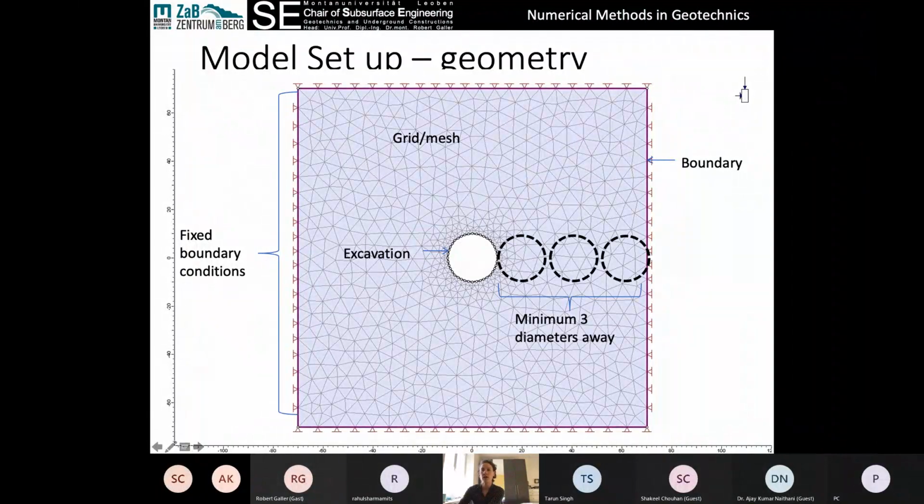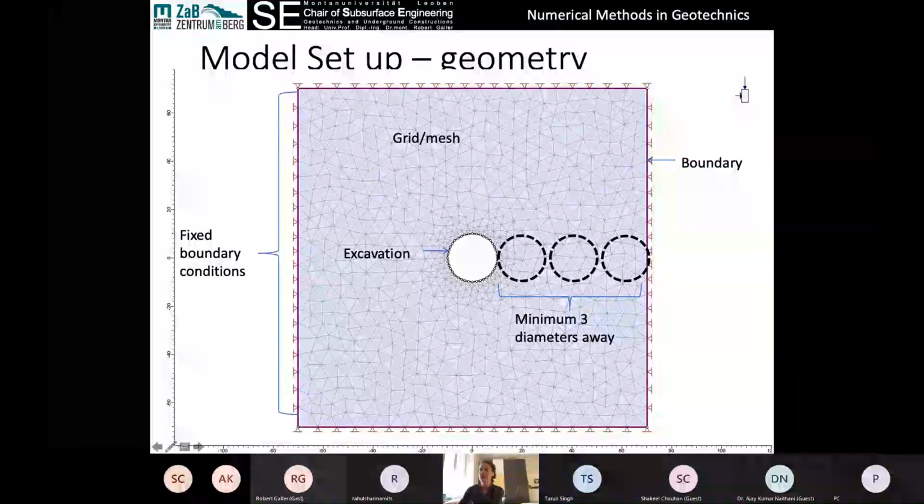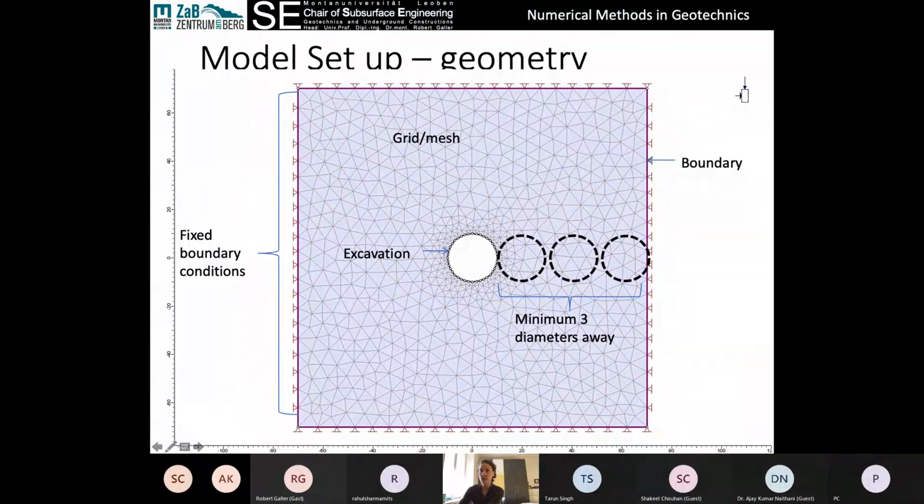And that's also part of why the boundaries need to be far away, because if we have deformations in these elements here, they can't move along this boundary. So that's going to cause some weird strains in the corners of these elements here. So we need these fixed boundaries to be far enough away that they're not being impacted by deformations.